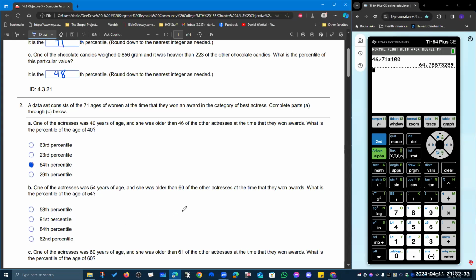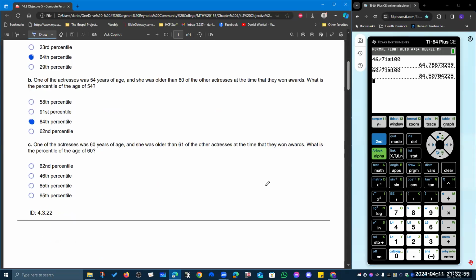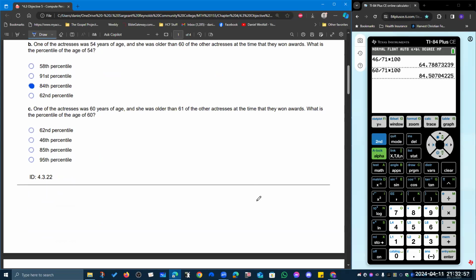One of the actresses was 54 years of age, she was older than 60 of the other actresses. So 60 divided by 71 times 100 is the 84th percentile. And then one of the actresses was 60 years of age, and she was older than 61 of the other actresses.